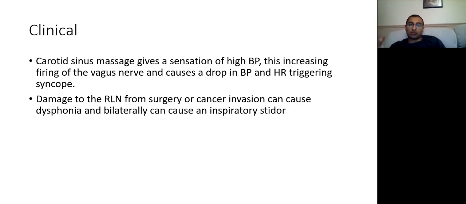It can cause syncope, but we can use it in someone with a narrow complex tachycardia, SVT. And damage to the recurrent laryngeal nerve during surgery or cancer invasion can cause dysphonia, and bilateral damage to the recurrent laryngeal nerve can cause inspiratory stridor. So, yep.